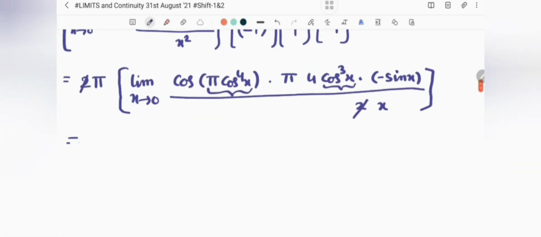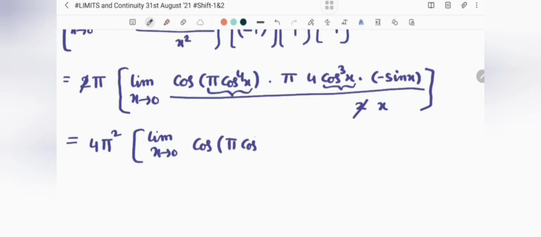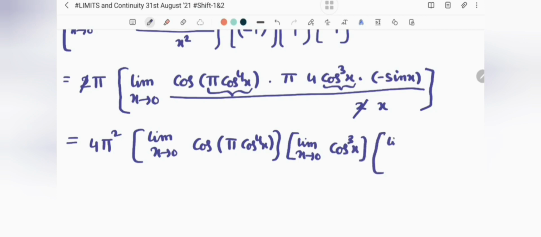So for the rest of the terms, pi constant, 4 pi into pi, 4 pi square, completely I am taking out. For the rest of the terms, limit x tends to 0 cos of pi cos power 4x, this is one term, and limit x tends to 0 cos cube x, this is another term, and last term limit x tends to 0 minus sin x by x.